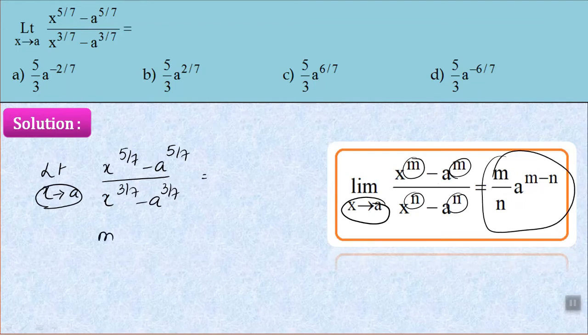Here m is equals to 5 by 7, n is equals to 3 by 7.